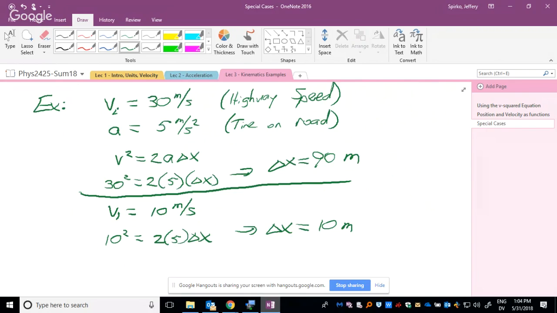And 10 meters per second is roughly 20 miles per hour. I think it's like 21 and a half miles an hour. So this factor of 3 change in the velocity caused a factor of 9 change in the actual achievable stopping distance.